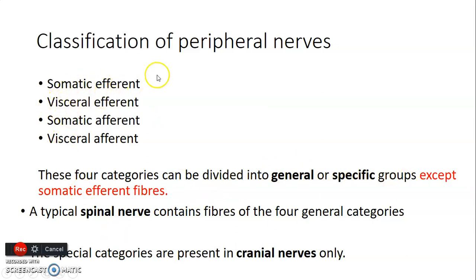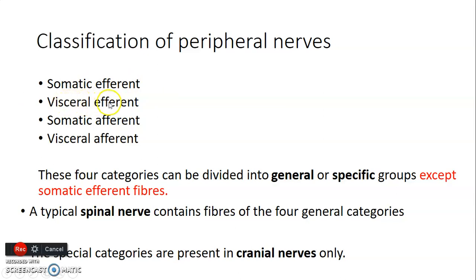Okay, all will be divided into two. So you'll have general somatic afferent and special somatic afferent, general visceral efferent and special visceral efferent, general visceral afferent and special visceral afferent, all of them except the first one.